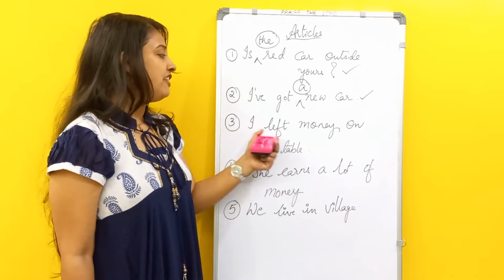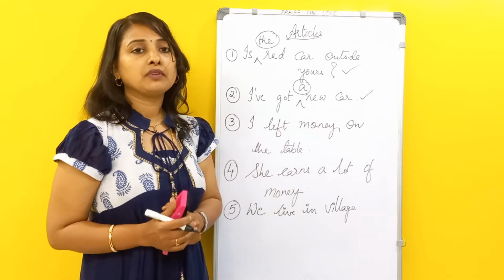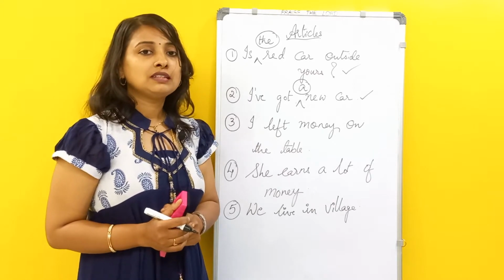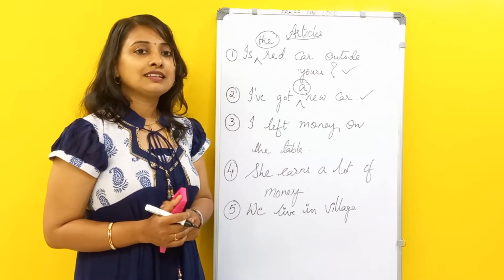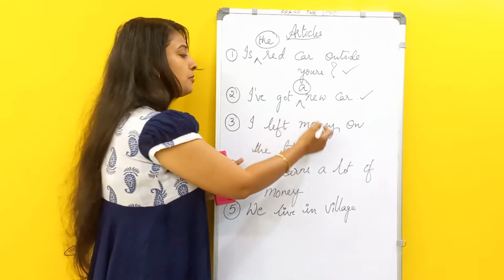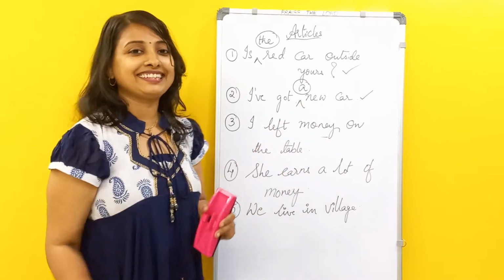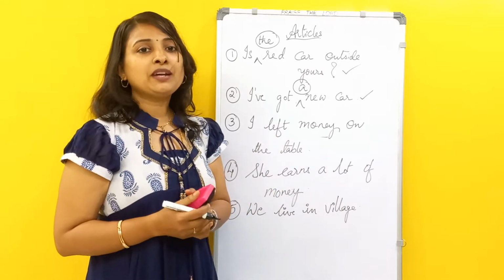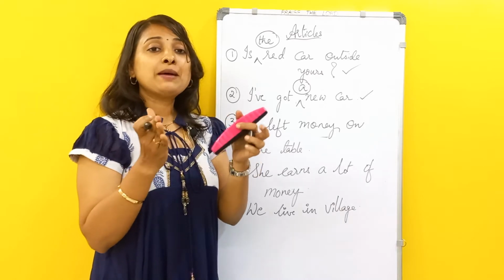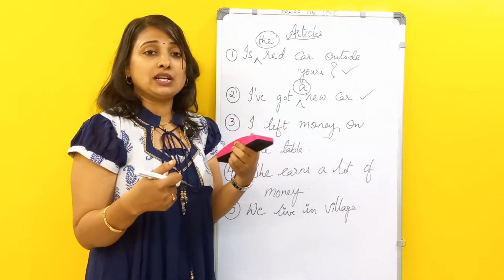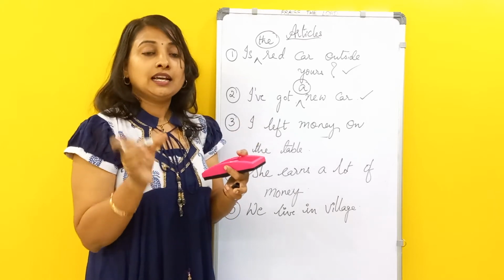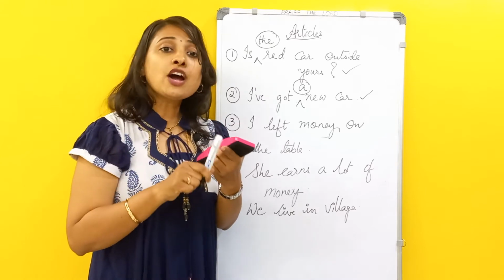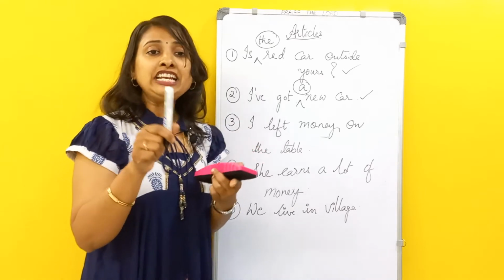Next, I left money on the table. Is it correct? I'm not talking about the table, I'm talking about money. If it is table, it is correct. Otherwise the sentence is wrong again, because I'm talking about some particular money which is already known. Though it is uncountable, with uncountable nouns we won't be using indefinite articles.